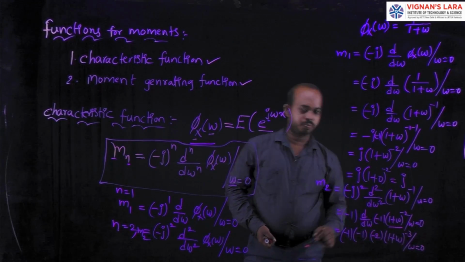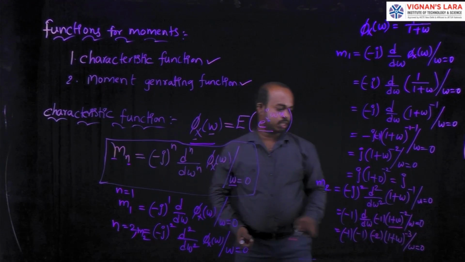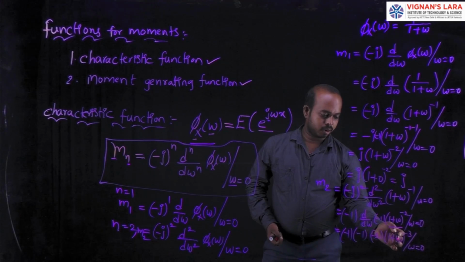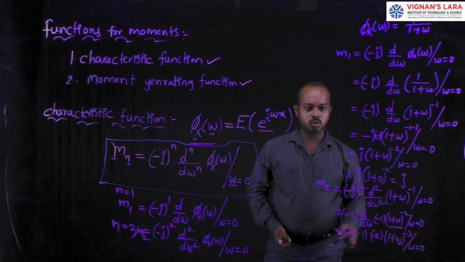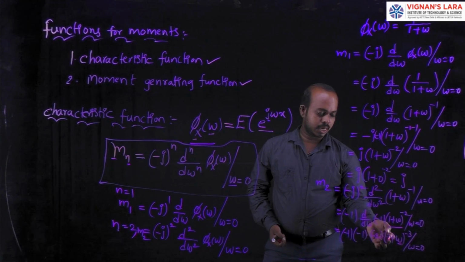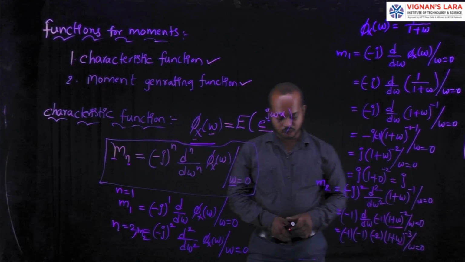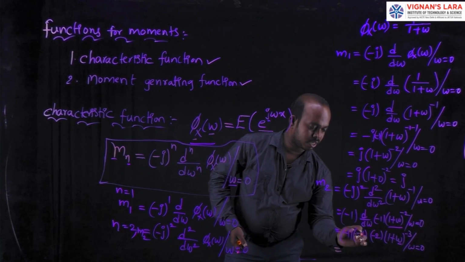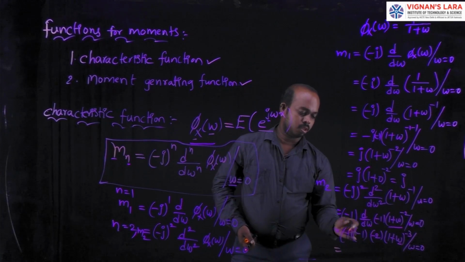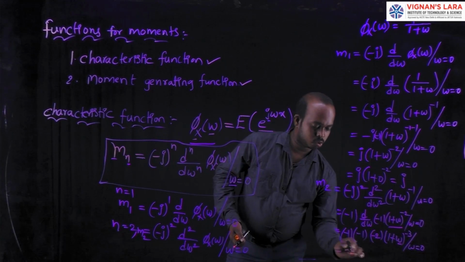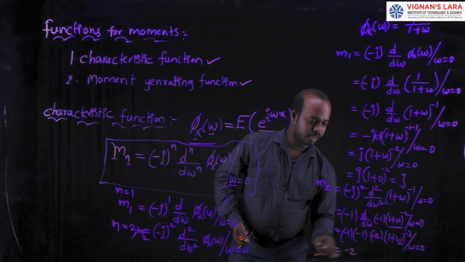Now substitute omega equal to 0 in this one. The entire value of omega is 0, so it only contains 1. Minus 1 into minus 1 is plus 1, and plus 1 into minus 2 is minus 2.